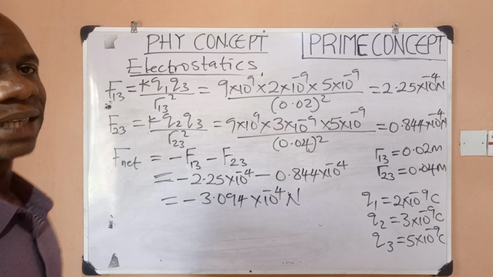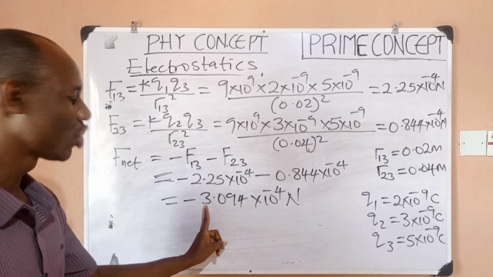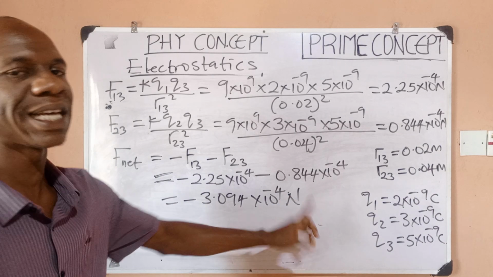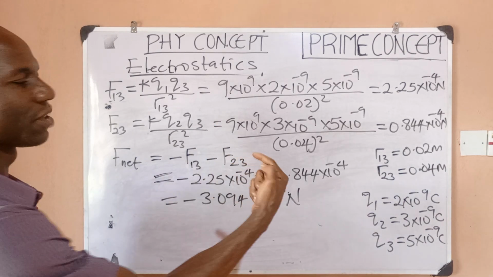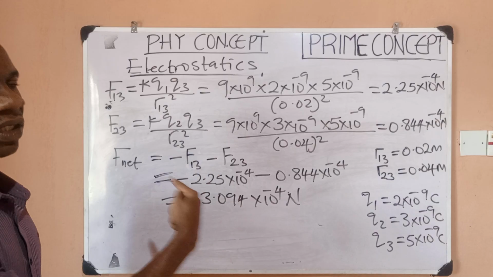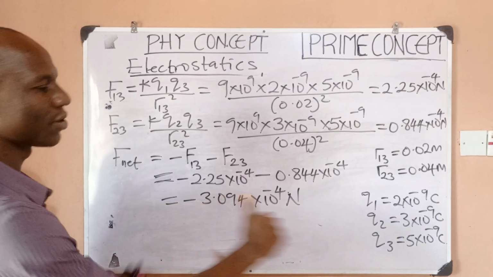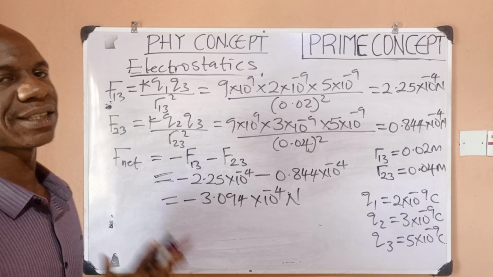What it simply means is that the magnitude of my force is just 3.094 times 10 to the power minus 4 Newton. The negative sign tells us that the force is pointing backwards, towards the test charge Q3. So that is the direction.